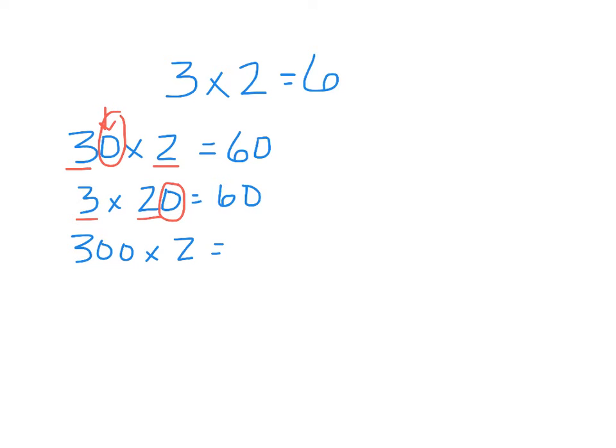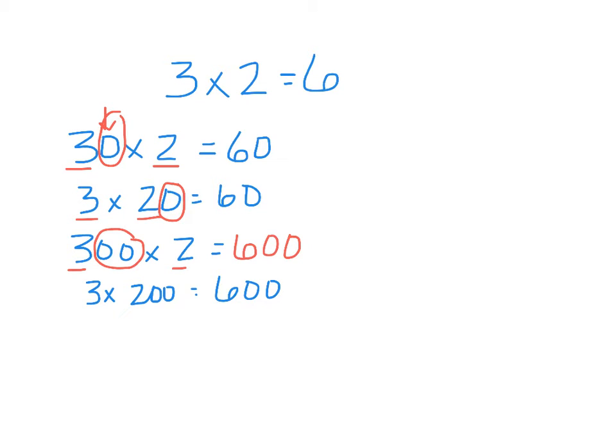Again, inside that 300 times 2 is 3 times 2, which I know is 6. But this time, I'm 100 bigger because I have 2 zeros. 2 zeros tells me 100. So I'm 100 bigger, so I need to make that 600. 6 times 100 is 600. I also know that 3 times 200 is also 600.